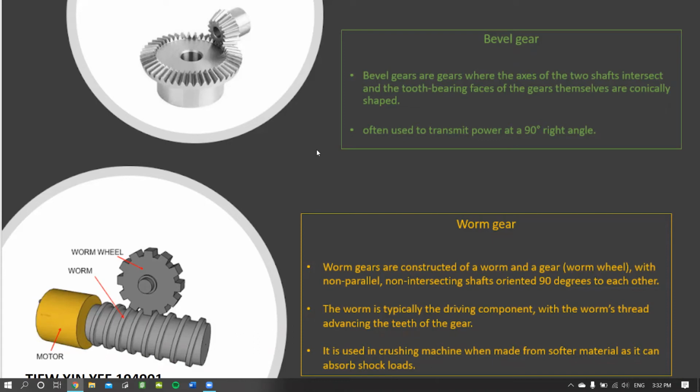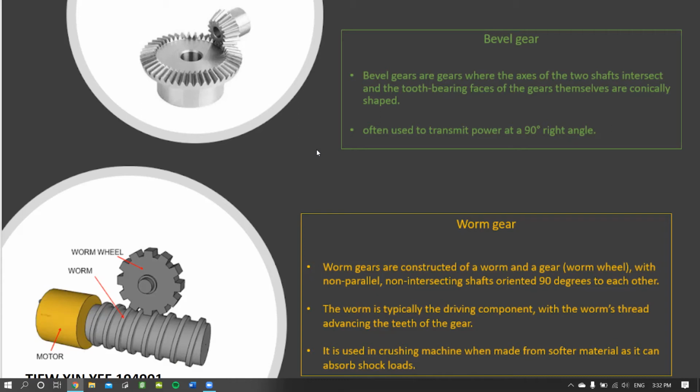And the fourth gear that I'm going to talk about is worm gear. Worm gears are constructed of a worm and a gear, which can also be named worm wheel, with non-parallel, non-intersecting shafts oriented 90 degrees to each other. The worm is typically the driving component, with the worm straight advancing the teeth of the gear.